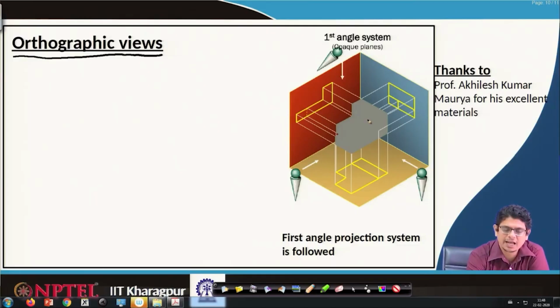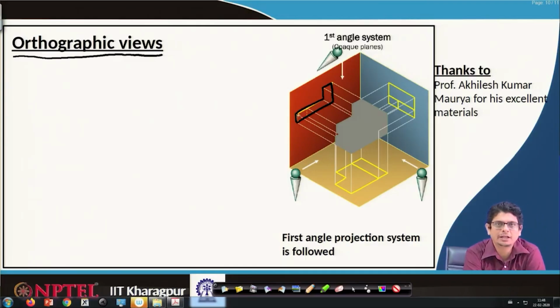So, for the same object, if light is passing through the eye, though the object might have a slightly complicated shape, we will see only that L shape for the projection. This is what we call front view.